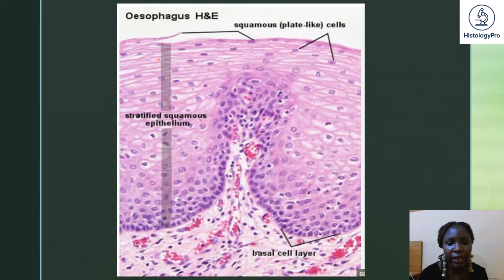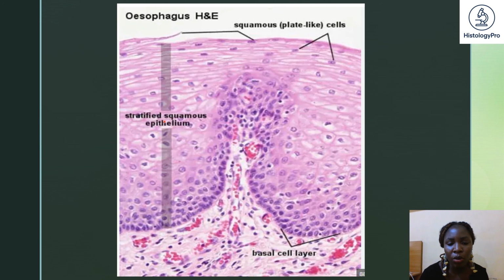This is a labeled photomicrograph of the non-keratinized stratified squamous epithelium, and this is an esophagus type. You can see this non-keratinized squamous epithelium in the esophagus, the vagina, the anal canal, and the ectocervix region.